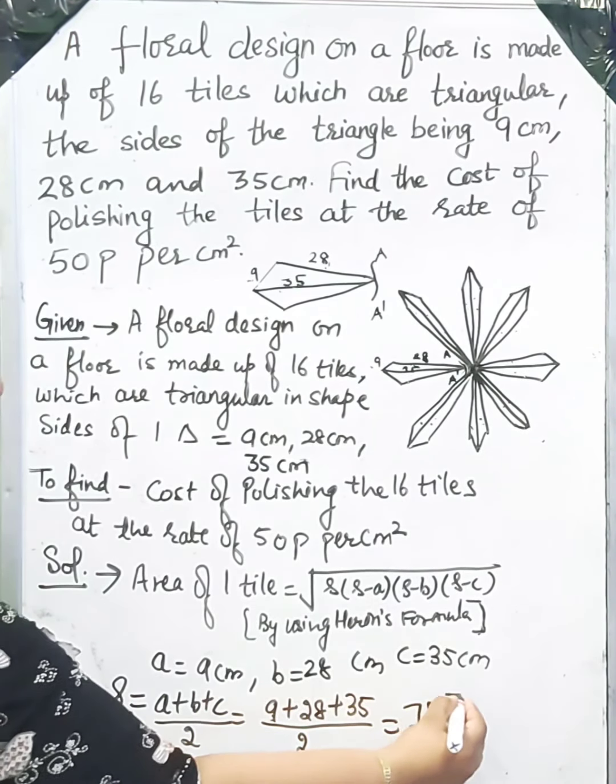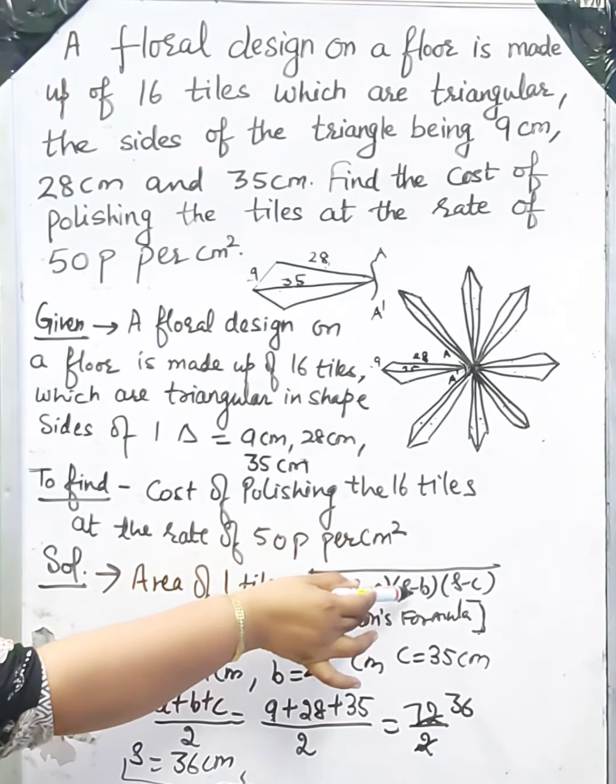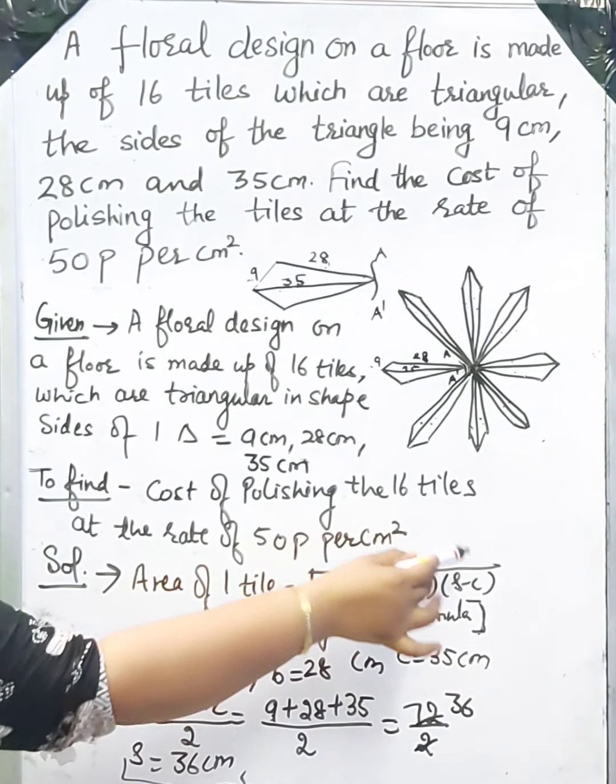Now in the next step we have to put the values of S, A, B, C under this square root.